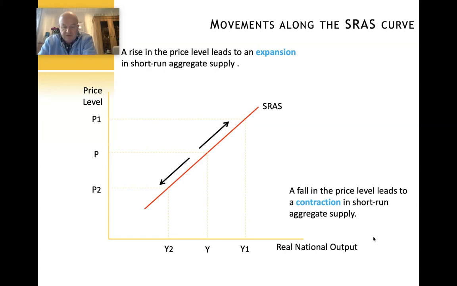However, if we had a fall in the price level, that would lead to a contraction in short-run aggregate supply, because less producers would be willing to supply at that level due to the fall in the price level. So those are things that will cause movements along the SRAS curve. And again, it's down to price level. So whenever there's a movement along either the SRAS curve or the AD curve, that is caused by changes in the price level.